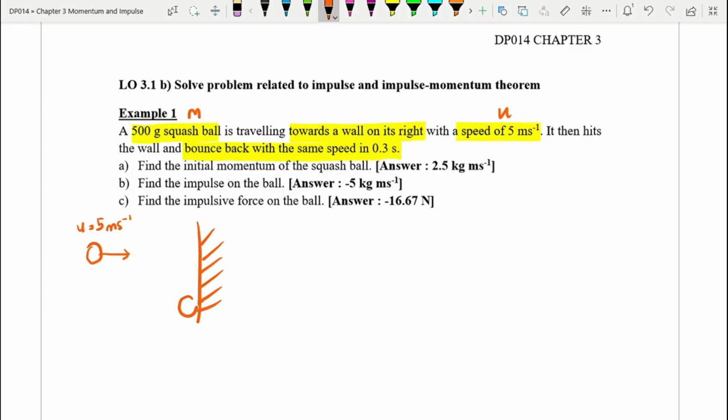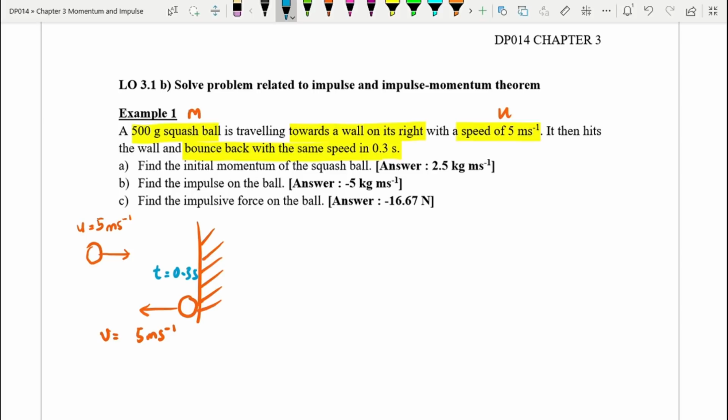Okay, sampai sini dia akan bounce with the same speed. Okay, so v equals to 5 m s^-1, with the same speed but to the left. So there will be a contact time, which is 0.3 second, between the ball and the wall.